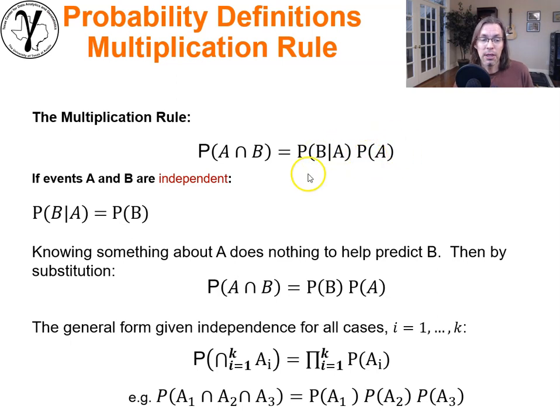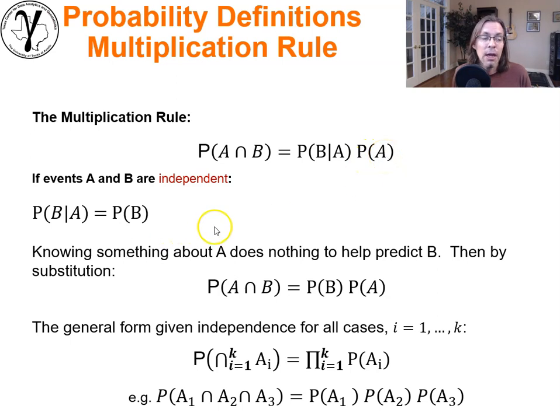If I took this probability of A and put it in the denominator on the left-hand side, that is the definition of conditional probability. So no surprises. We simply pulled the denominator out and put it on the other side.